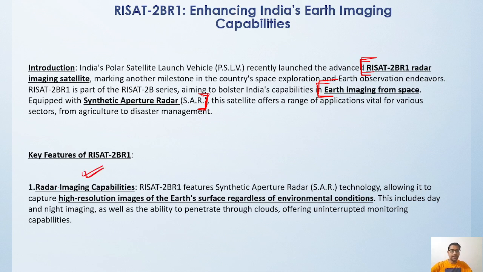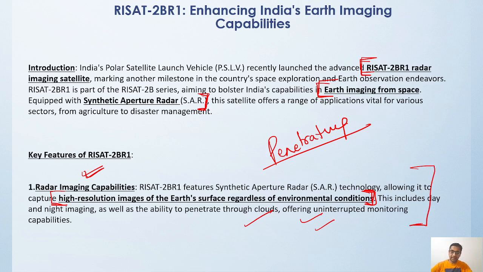It will be producing high resolution images of the Earth's surface regardless of the environmental condition. That means it will be penetrating any type of difficulty, whether it is cloud or mist, and it will provide high resolution images even during any kind of disturbance on the Earth, even if there is cloud or rain.